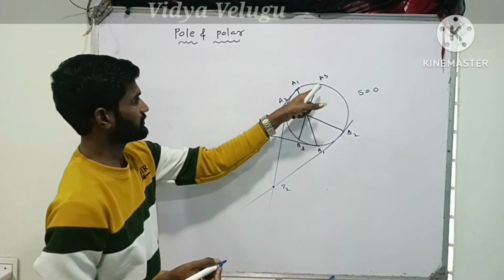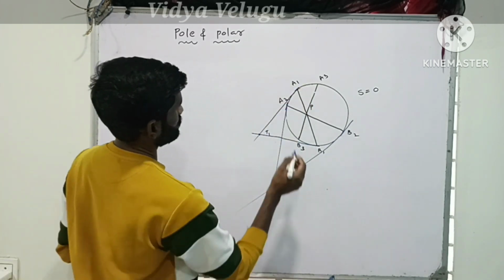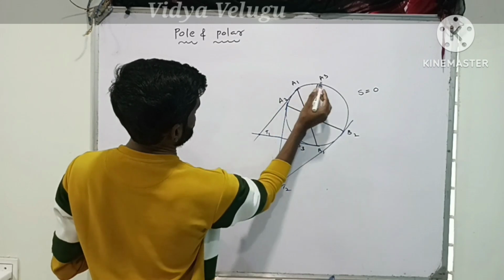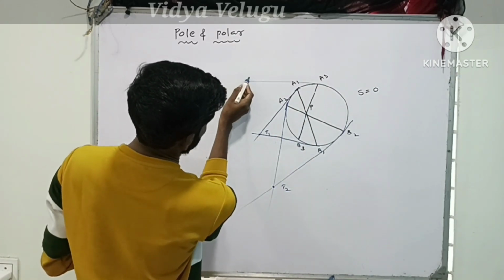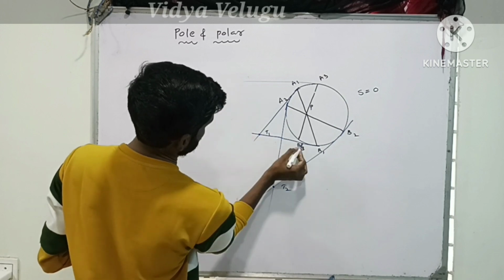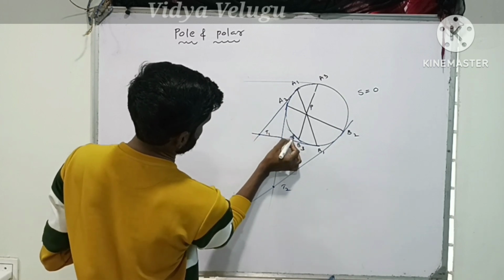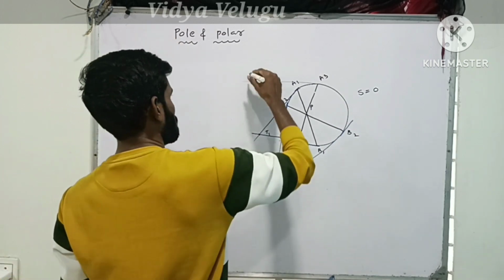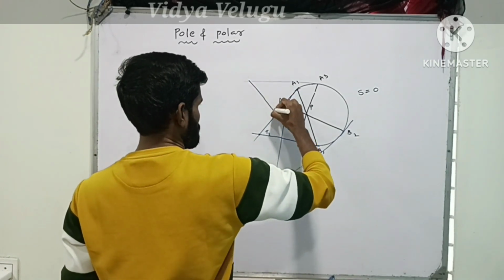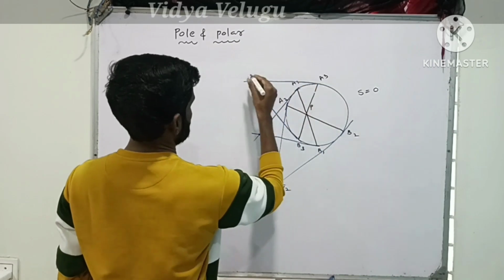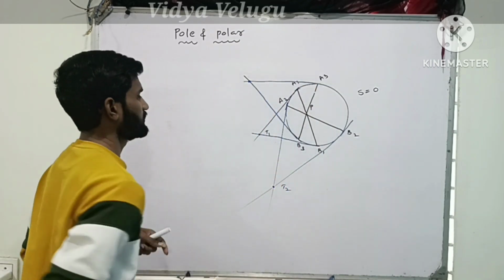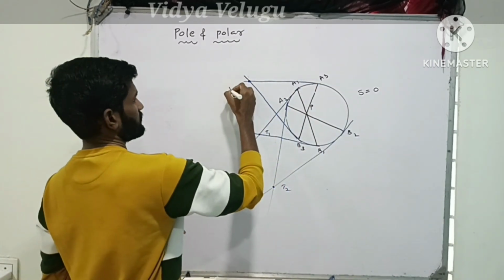Now let us take the third chord. If I draw the tangent at A3 and the tangent at B3, these two intersect here. So this is our T3.